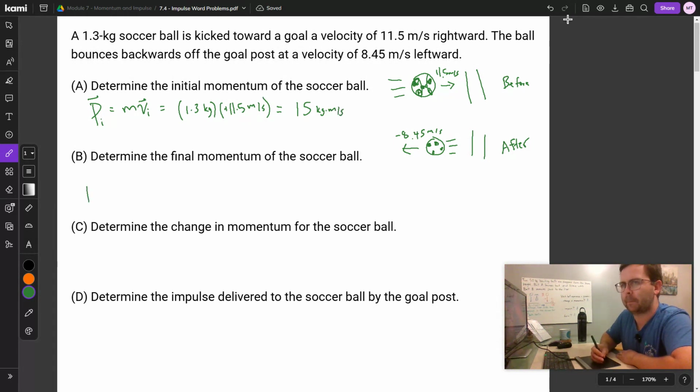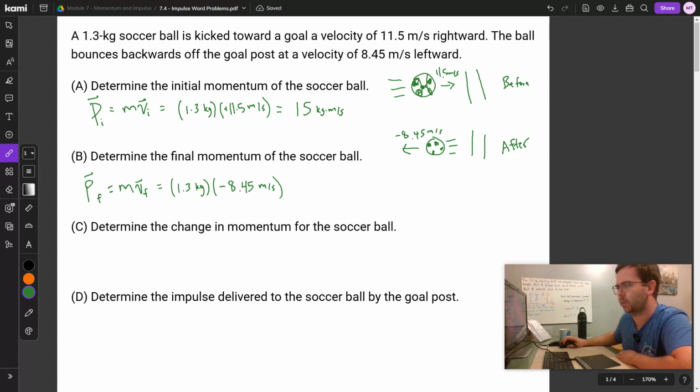Final momentum, likewise, is just mass times velocity, but now it's the final velocity. And the key here is remembering that velocity and momentum include direction. And so we have to indicate the direction with a negative sign now because it's going the opposite way.